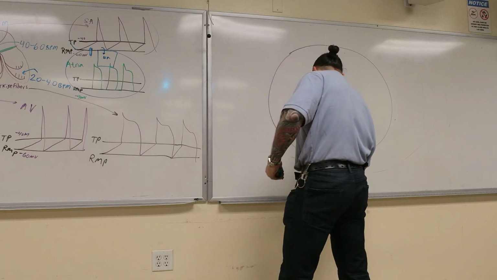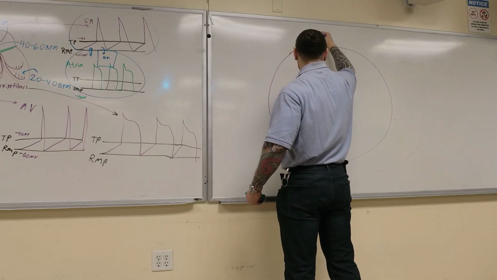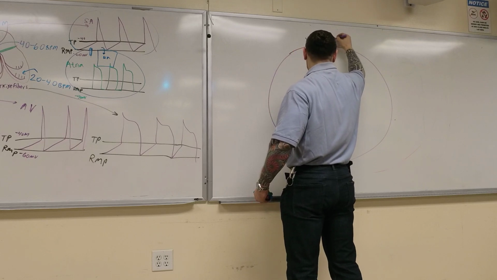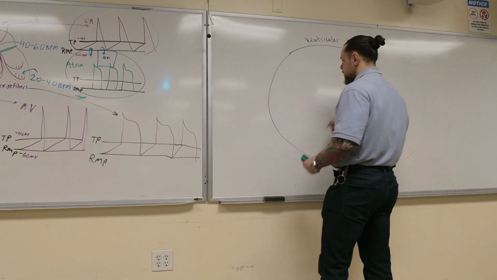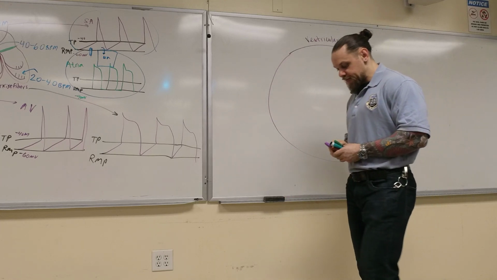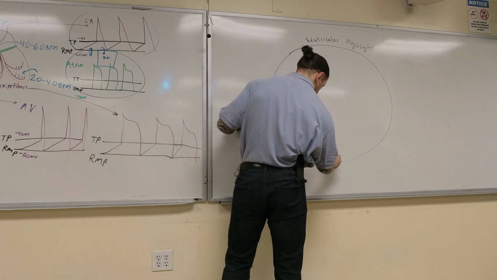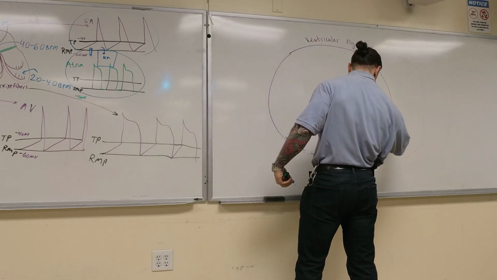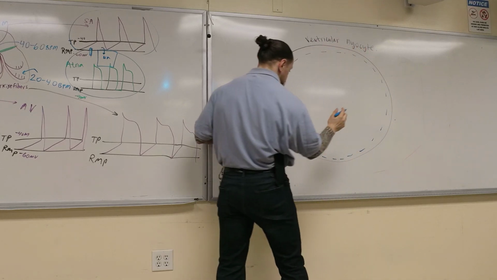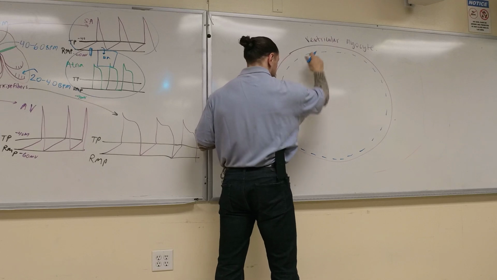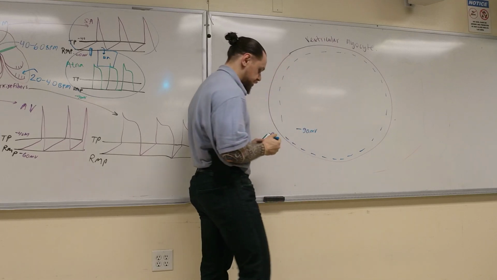Alright, so this is a cell from the heart. We're going to say this is a ventricular myocyte. And we said at rest, the resting membrane potential is usually negative, so the entire cell is negative. And the resting membrane potential for the ventricular myocyte is roughly minus 90 millivolts. That's the resting membrane potential.